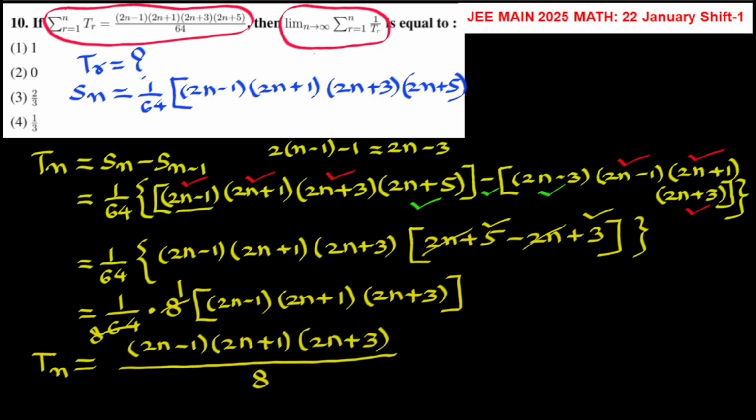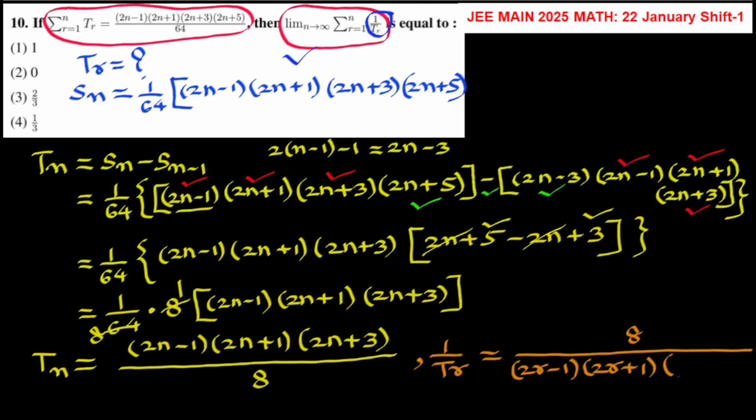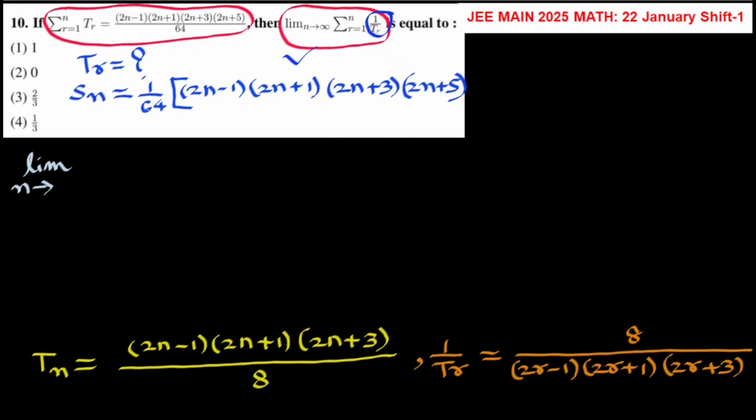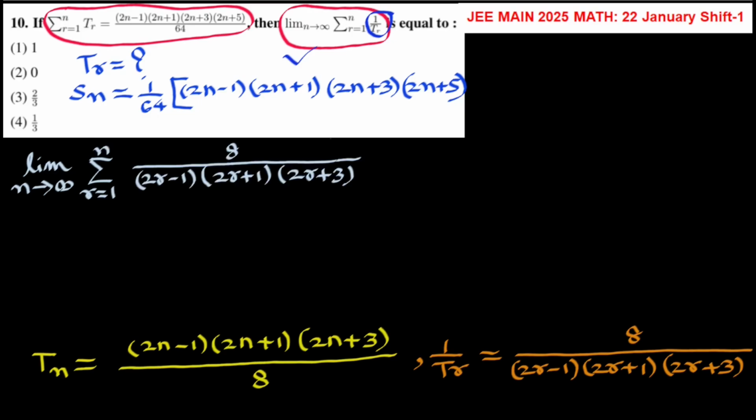Now for finding this limit, we need 1 upon tr, which will be 8 upon (2r minus 1) into (2r plus 1) into (2r plus 3). Now let us wipe the upper part. Now the limit as n tends to infinity of the summation r from 1 to n of, here we have to make some adjustments in 1 upon tr. If we check the difference between the biggest bracket and this smallest bracket, it is 4.